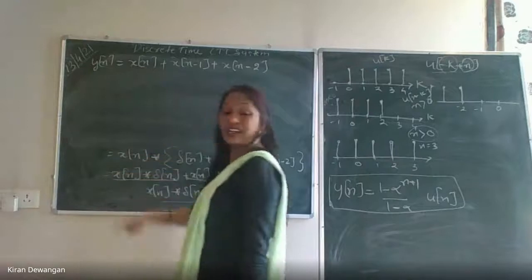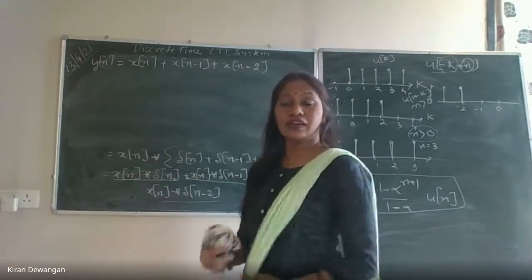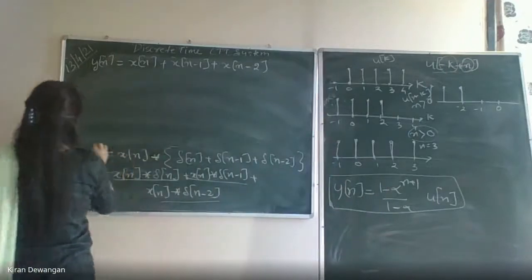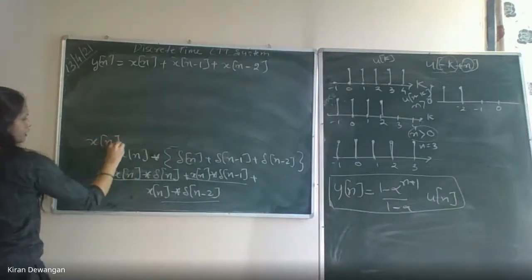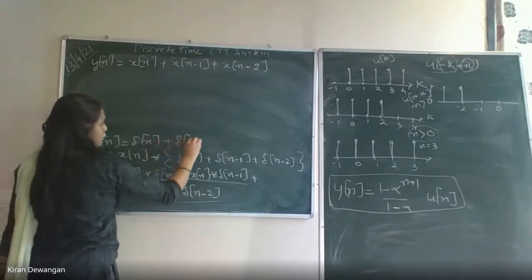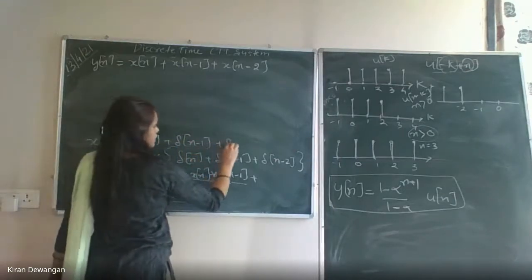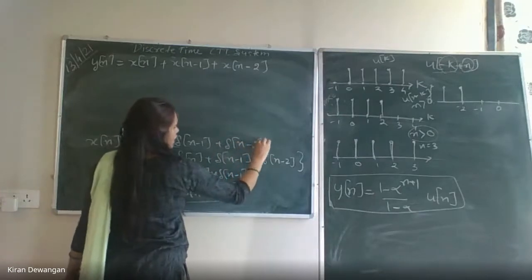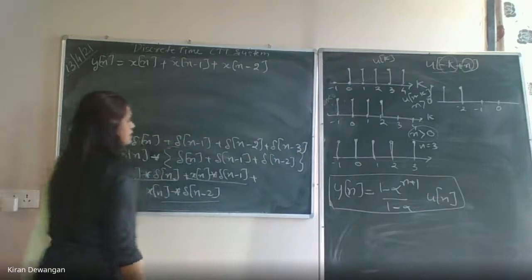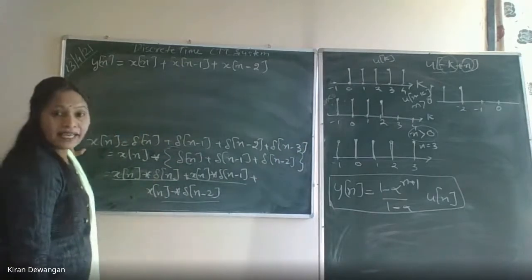Now we already know what is our x of n. X of n क्या था हमारा? What was our x of n? X of n was del of n plus del of n minus 1 plus del of n minus 2 plus del of n minus 3. So this was our complete xn.